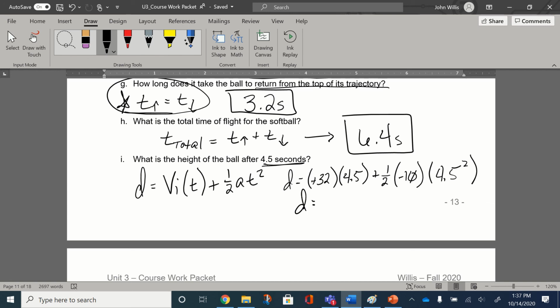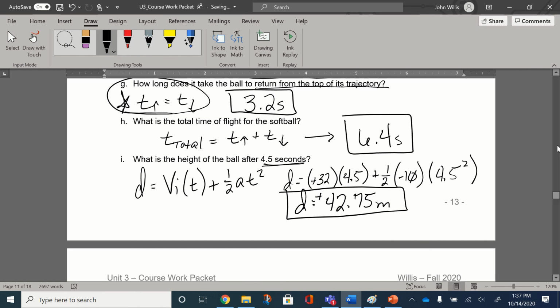In this case, no, I did that wrong. It was 144 plus that. Let me just erase it. There we go. 42.75. Notice your answer still comes out to be a positive because you are 42.75 meters above the ground.